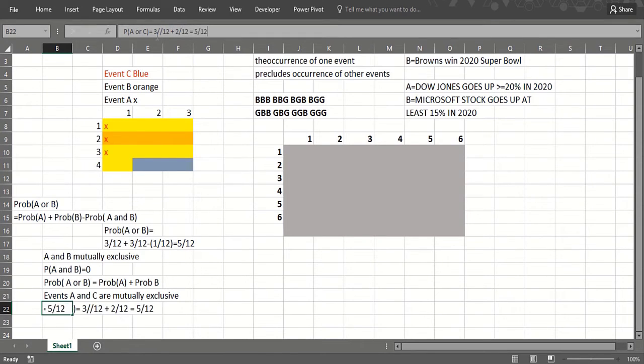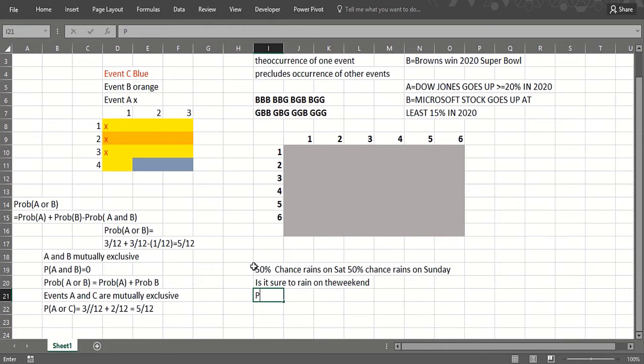Okay, so let's try some more complicated examples. There's a 50% chance it rains on Saturday and a 50% chance it rains on Sunday. Is it sure to rain on the weekend? Well, raining on the weekend would mean that we want the probability of A or B: it rains on Saturday or on Sunday.